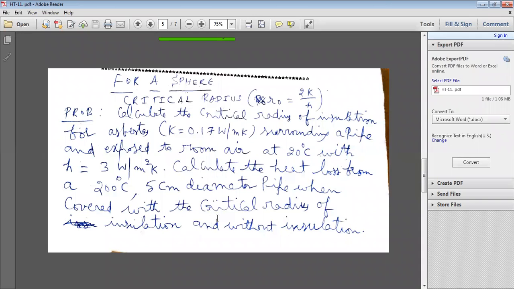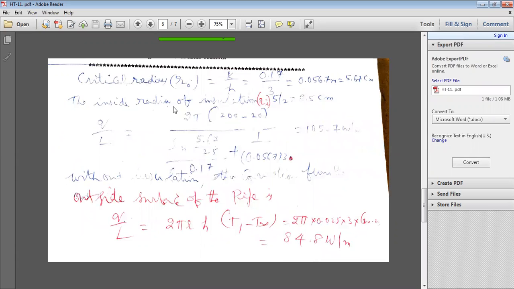That pipe is covered with the critical radius of insulation. When the asbestos is covered, you have to calculate the heat loss. And also, what is the heat loss without insulation? So it's a very simple problem. All of you listen very carefully.